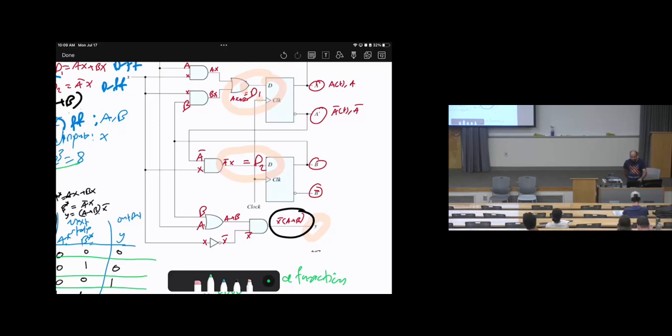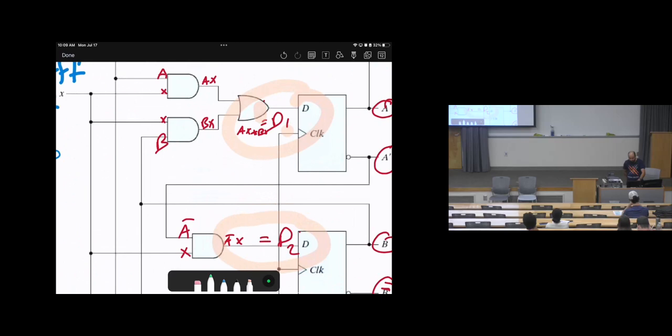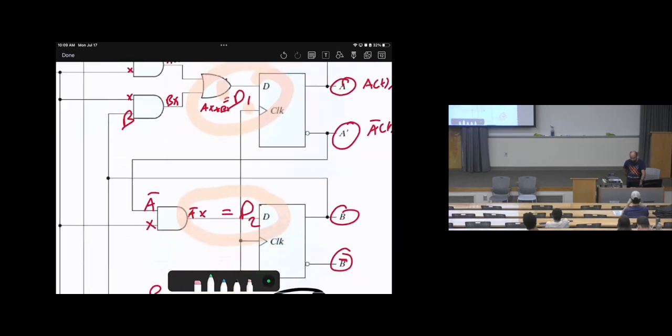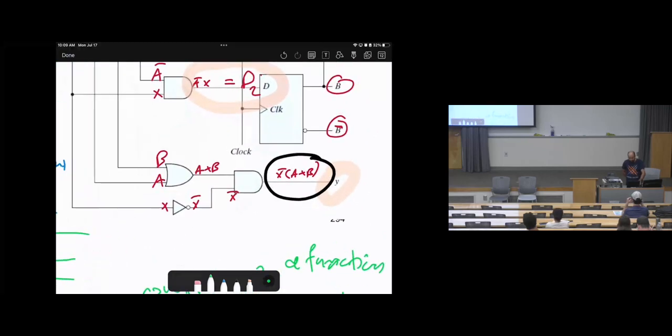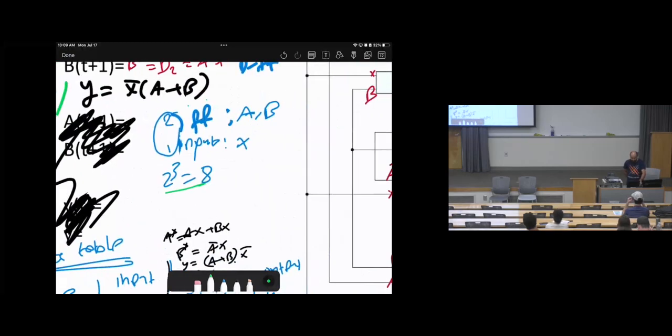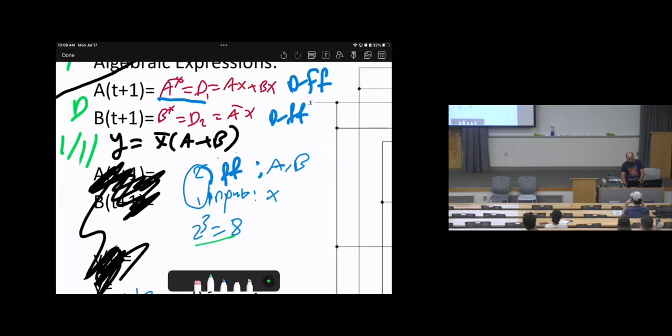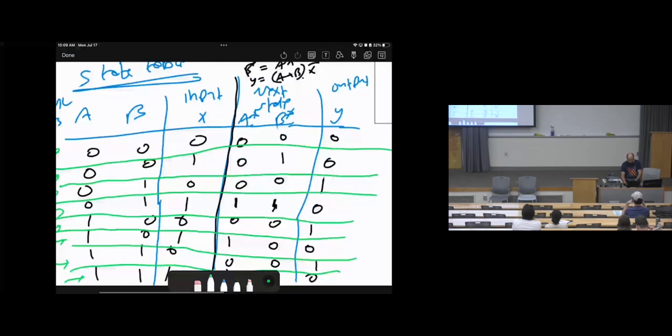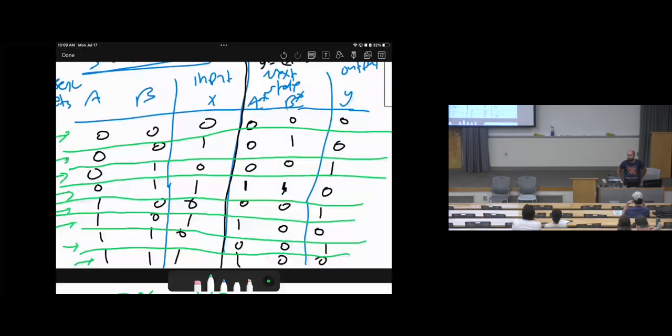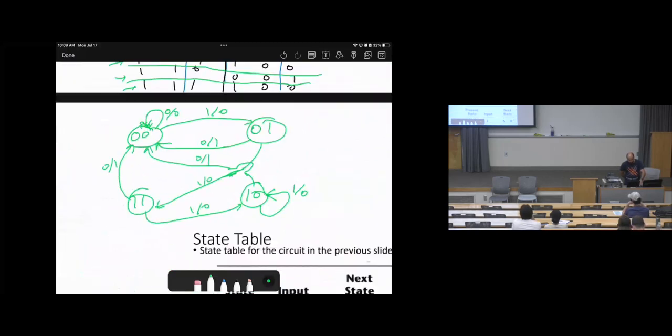Then identify all of the inputs and outputs of each gate until reaching D or J or K, as we see here, D1 and D2, and the outputs. Find the equations of the outputs and the equations of the flip-flops, these algebraic expressions. Then make the truth table based on the flip-flops, storage, and the inputs, to find the next state and the output, as I showed you here. Then you can make the state table easily, and the state diagram, based on this.